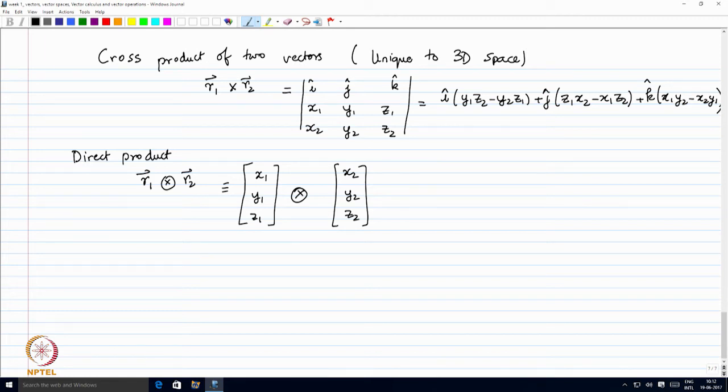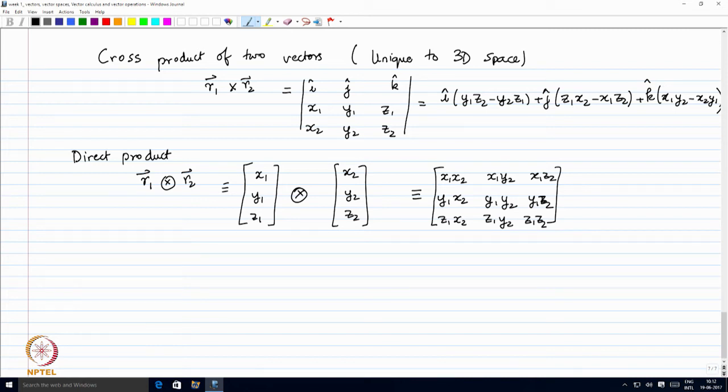The result of this direct product is an object called a tensor, which can be represented in matrix form: x1 x2, x1 y2, x1 z2; y1 x2, y1 y2, y1 z2; z1 x2, z1 y2, z1 z2.